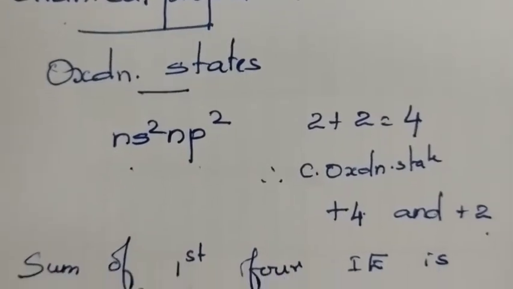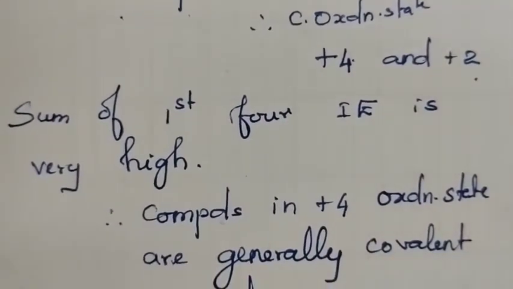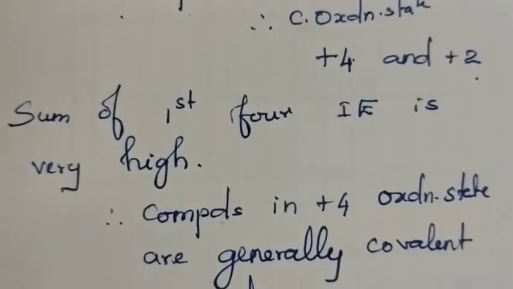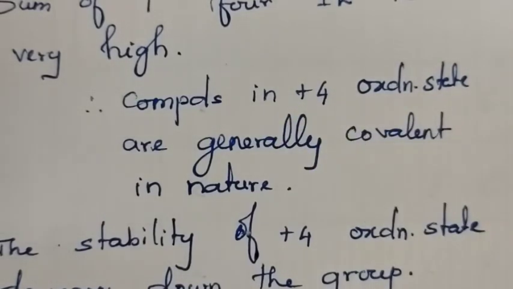The sum of the first 4 ionization energies is very high. That means removal of 4 electrons is energetically very difficult. Therefore, compounds in +4 oxidation state are generally covalent in nature. Why are they covalent?